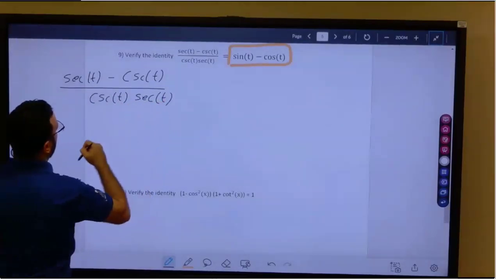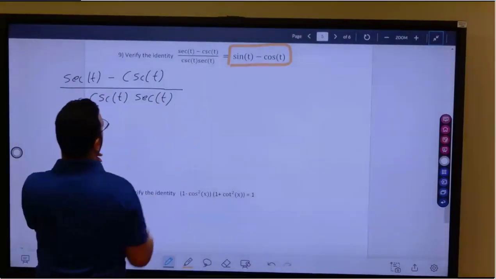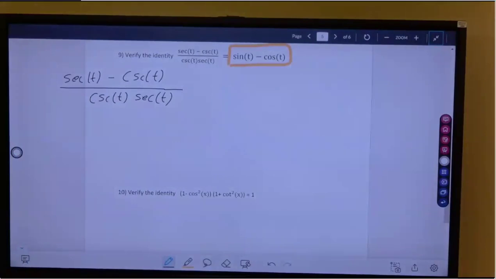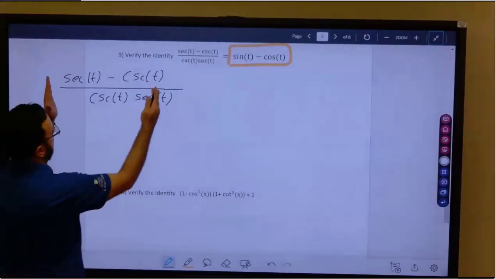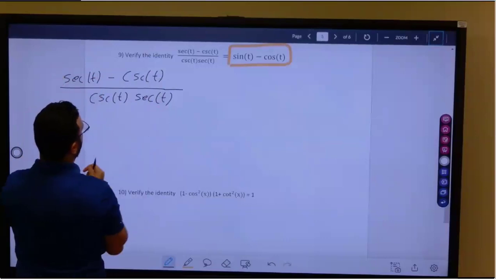Now let's look at this problem. It's a fraction, but I have this one minus this one with the same denominator.